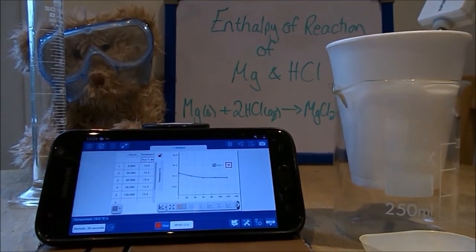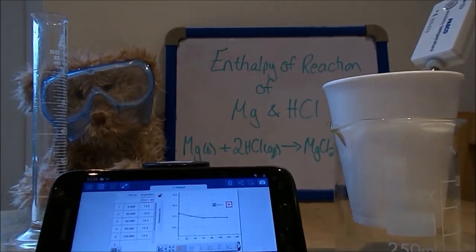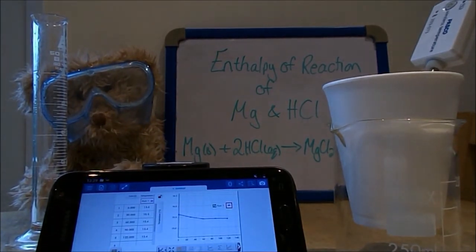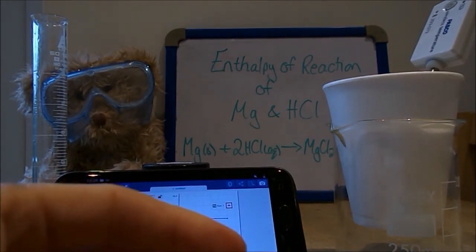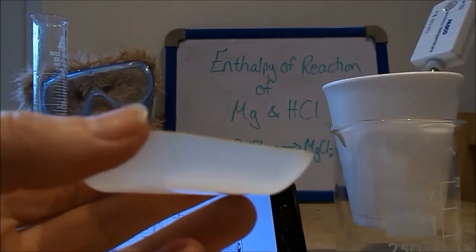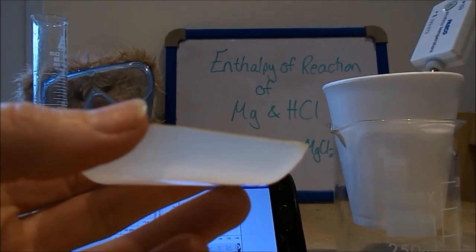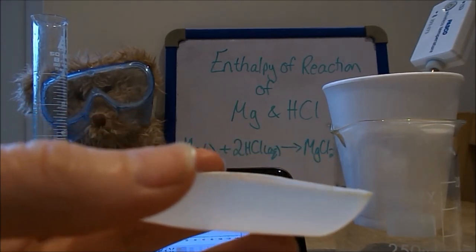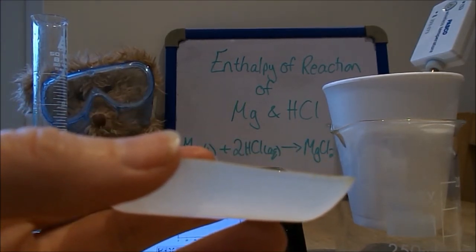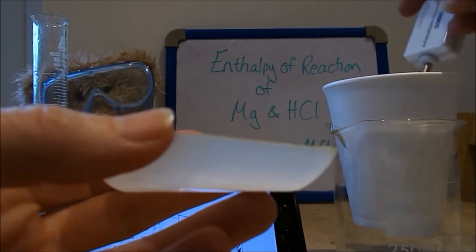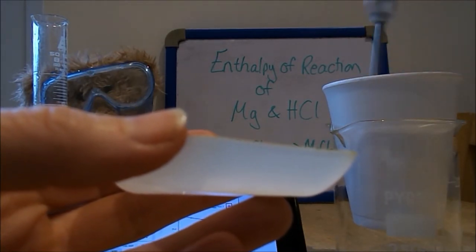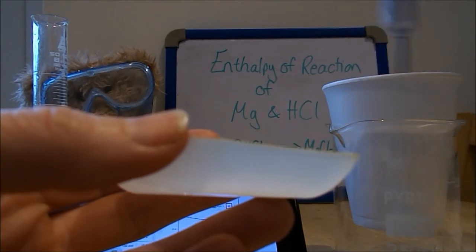So we're up to, what, 2 minutes 15 seconds. So I need to get myself ready to add the magnesium turnings. Remember, we want the recording at 2.5 minutes, and then at 3 minutes we'll add the magnesium turnings, and we'll continue to stir as well, and then continue recording the temperature as well.